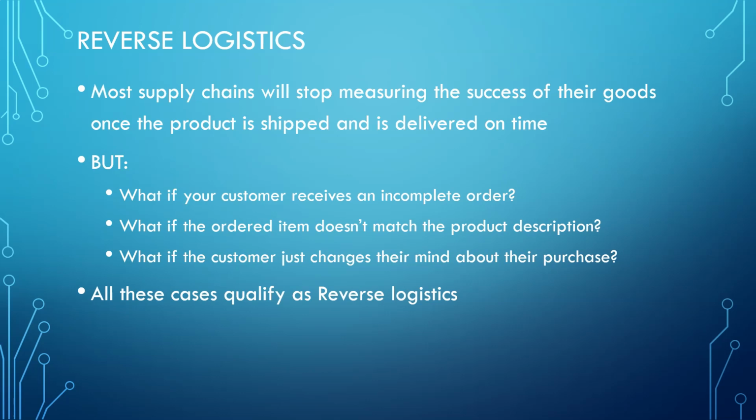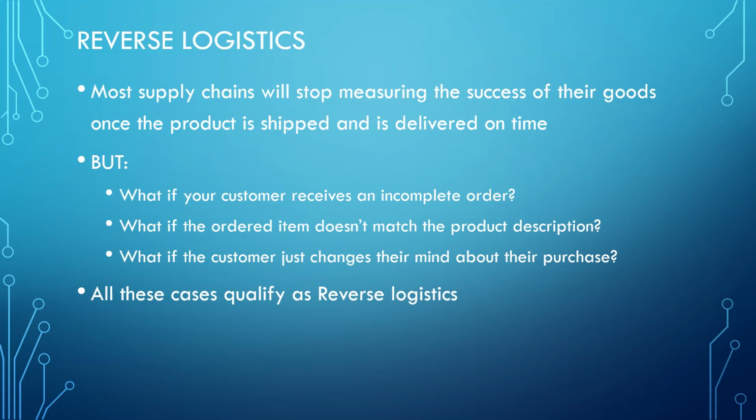Most supply chains will stop measuring the success of their goods once the product is shipped and is delivered on time. But what if your customer receives an incomplete order? What if the ordered item does not match the product description? What if the customer just changes their mind about their purchase?